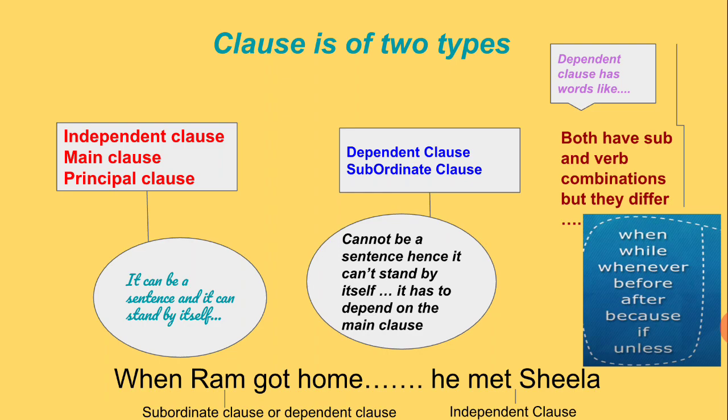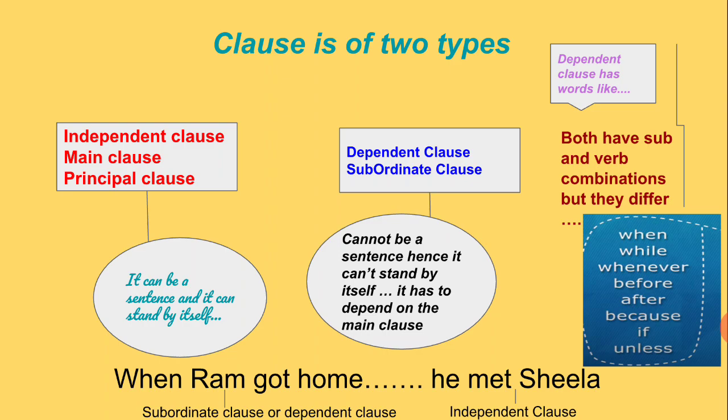For example, when Ram got home, those conjunctions are called subordinate conjunctions. When, while, whenever, before, after, because, if, unless, and so on.